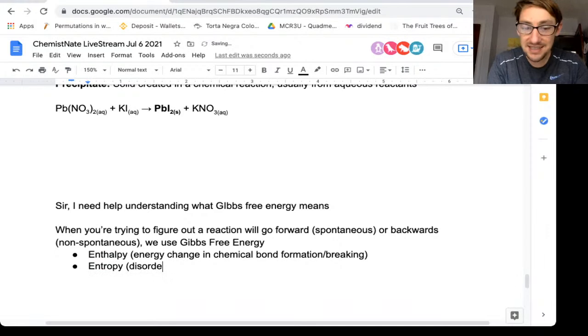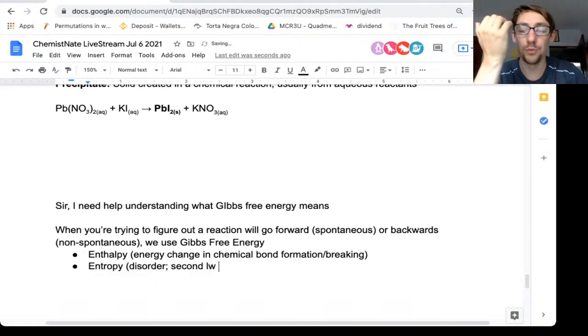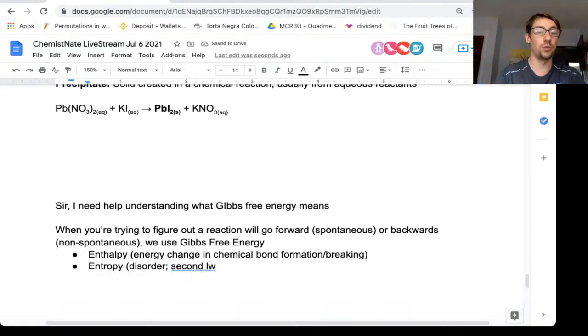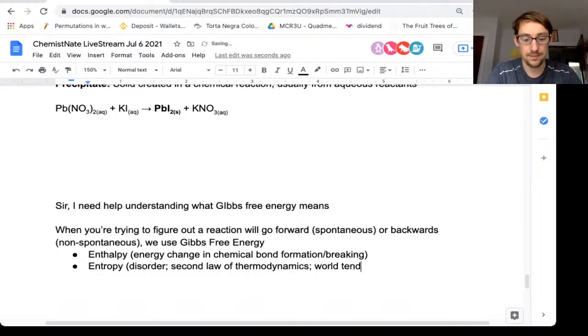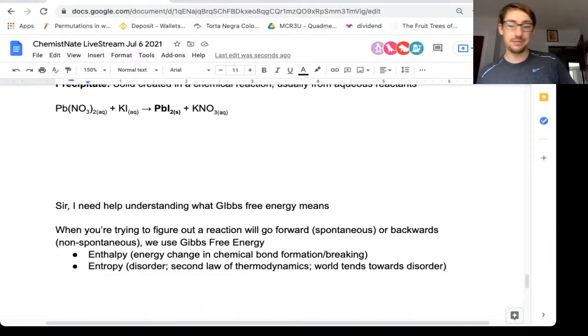And it's basically the second law of thermodynamics. The whole world just tends towards more disorder. You can spend your time stacking things up into a pile, but the natural order of things is for them all to be scattered on the ground as far apart as possible.